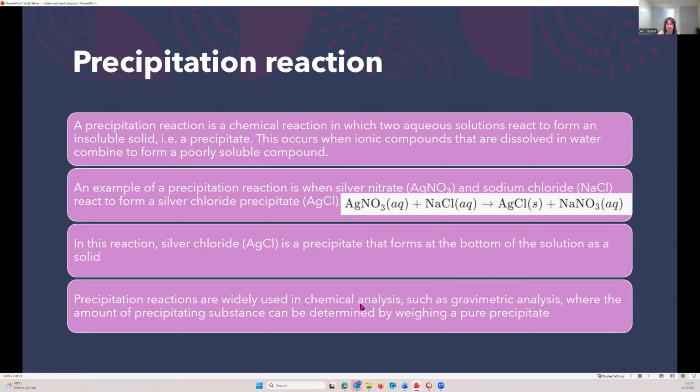These are widely used in chemical analysis, which you might be practicing later. So you can decide the amount of the precipitating substance by weighing the precipitate.